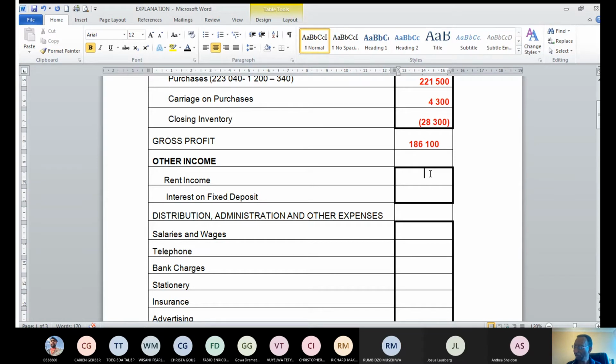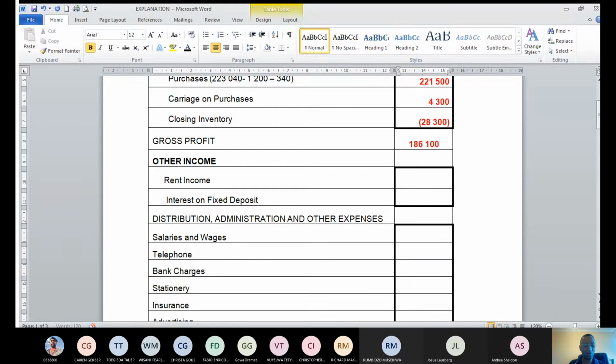The sales is the first nominal account with a credit balance, but we have already accounted for sales in the calculation of the gross profit. And the same applies now to your purchases returns. The first income that we've got is your rent income with a balance there of 24,000 Rand.